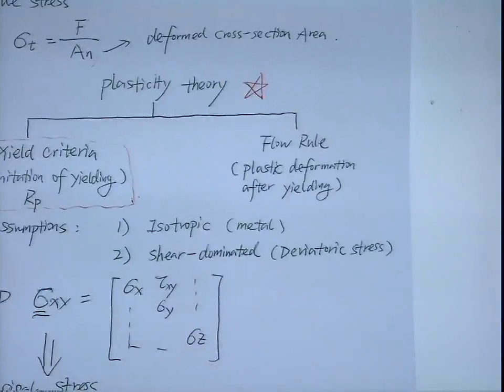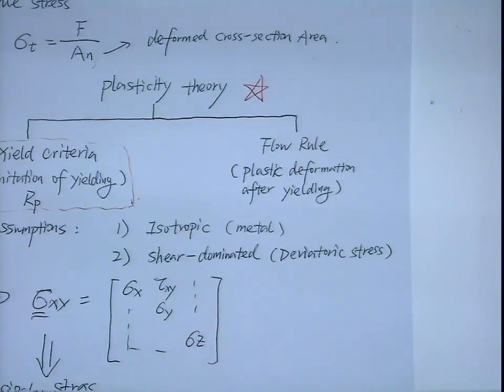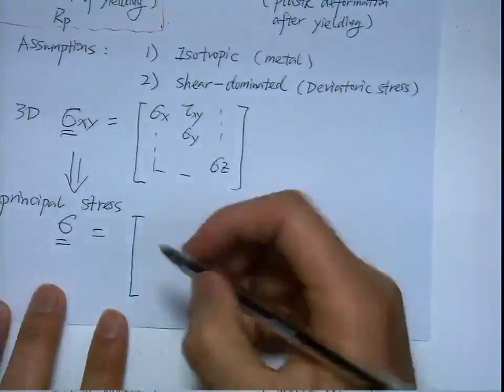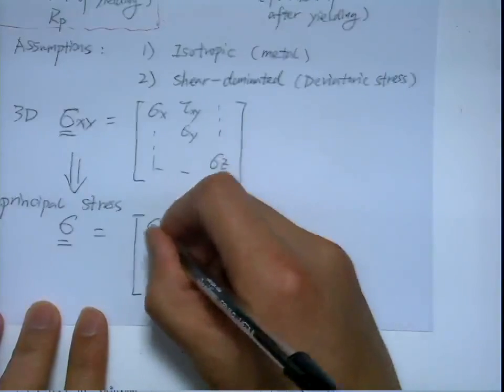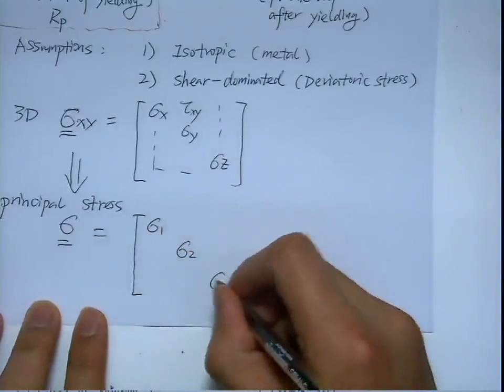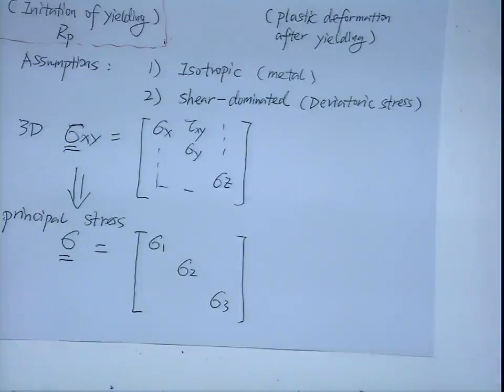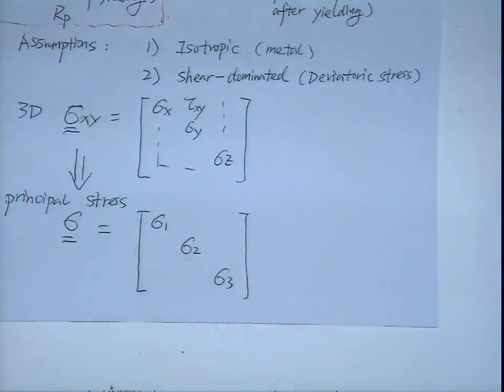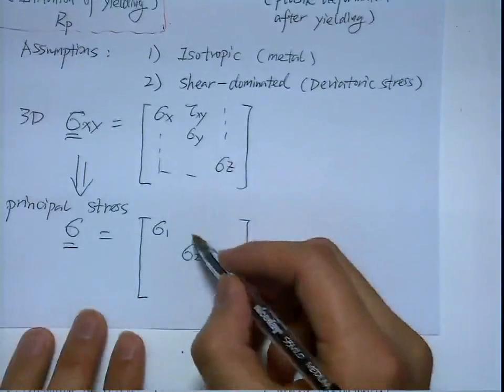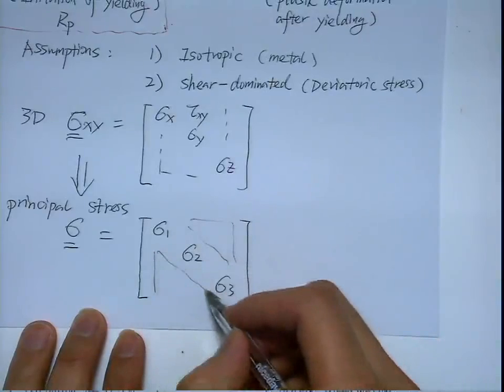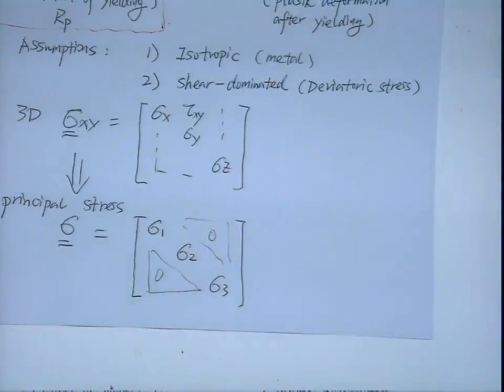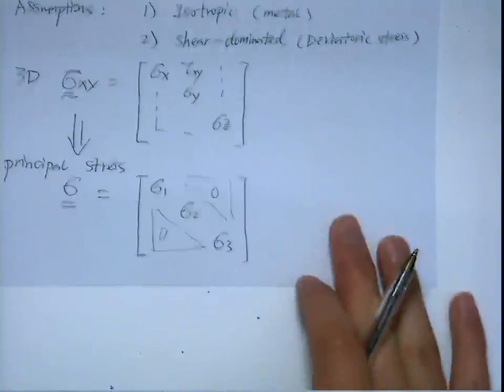That reduces your parameters to just 3. Our notation here, let's just make life easier using the small 1, 2, 3 rather than the Roman numerals. Okay, 1, 2, 3. That's principal stress. Now we only need to consider the principal stress because there's no shear component here. They're all 0. Okay? And how are we going to do that?